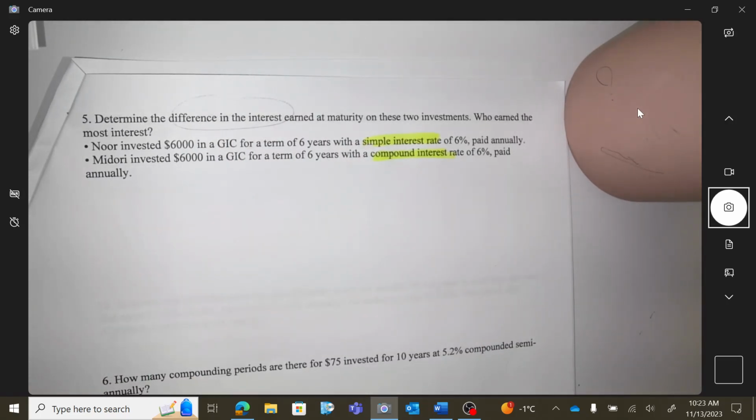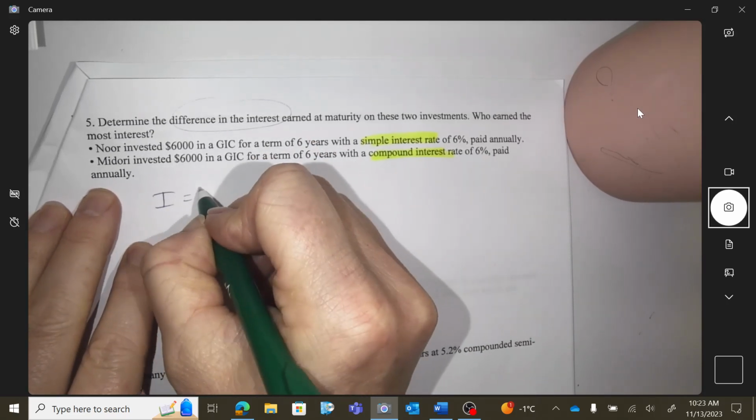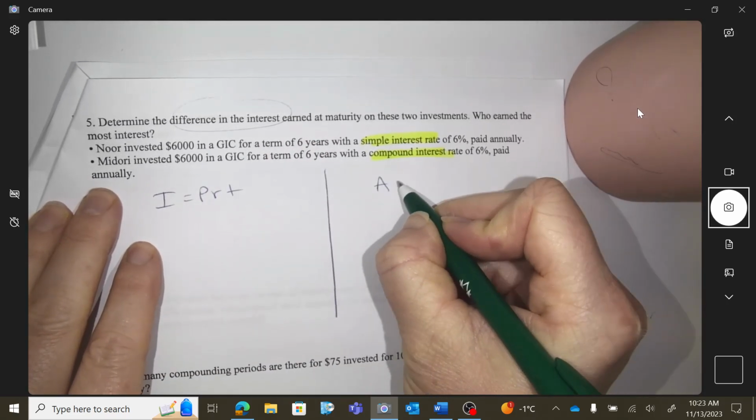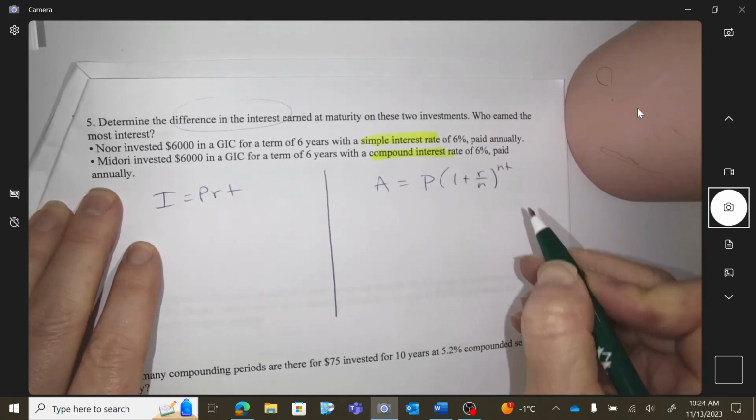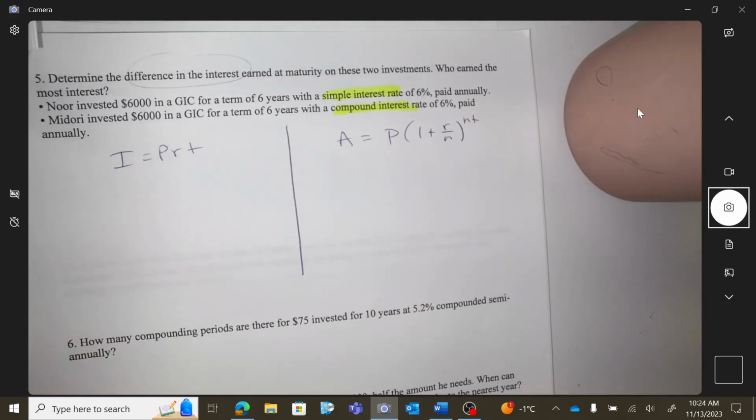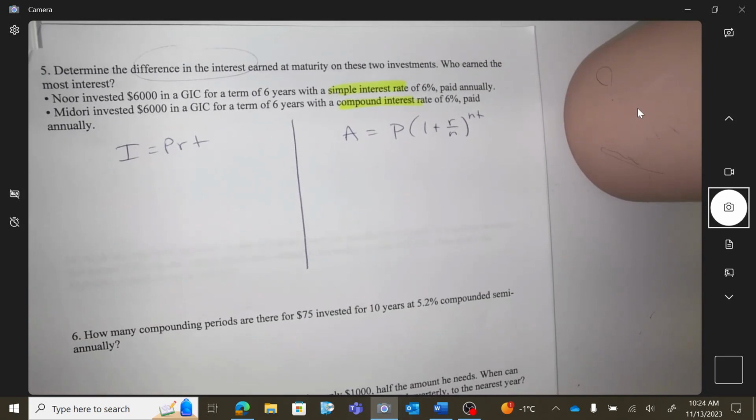So we are going to actually do it. So we're going to use both formulas, comparing the two people.